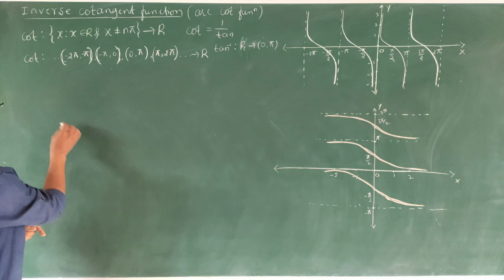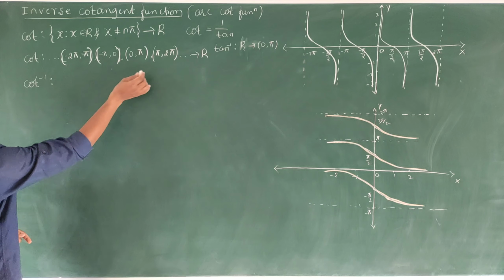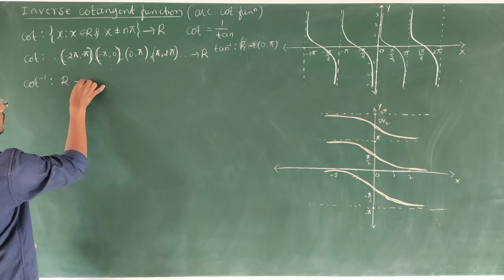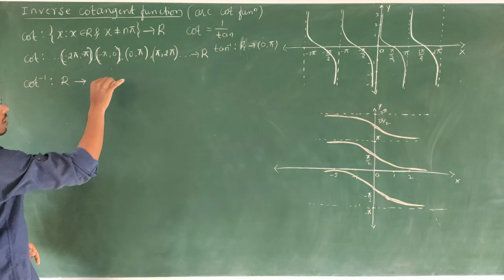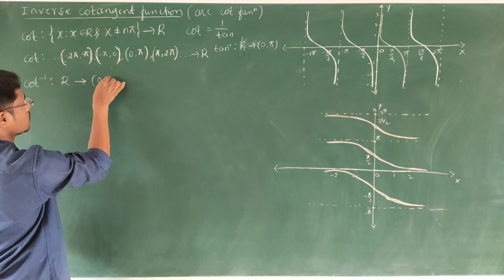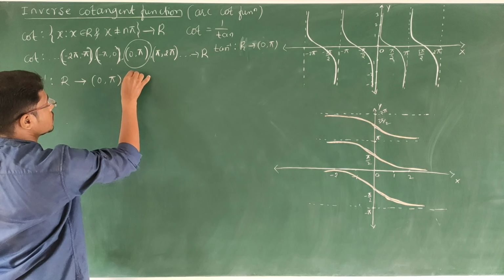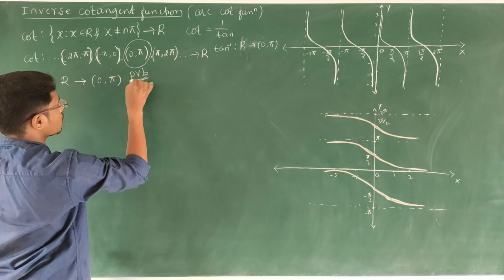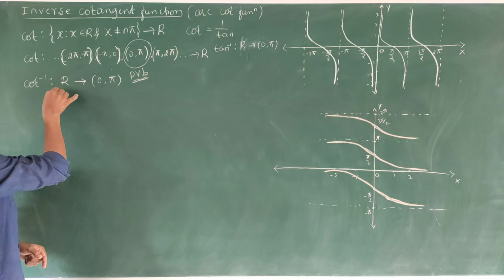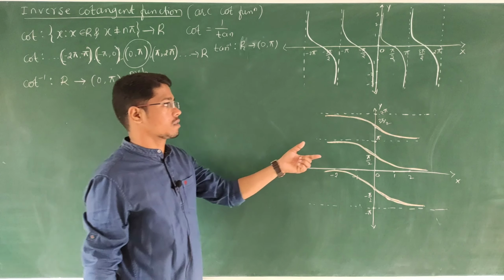Now its inverse, cot inverse, is from R to any one of these intervals; I will take the open interval 0 to pi. So this is called the principal value branch of cot inverse. Cot inverse is from R to 0, pi.